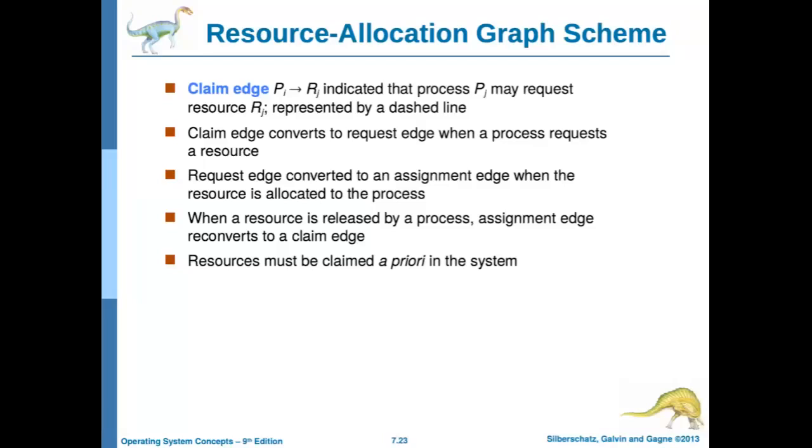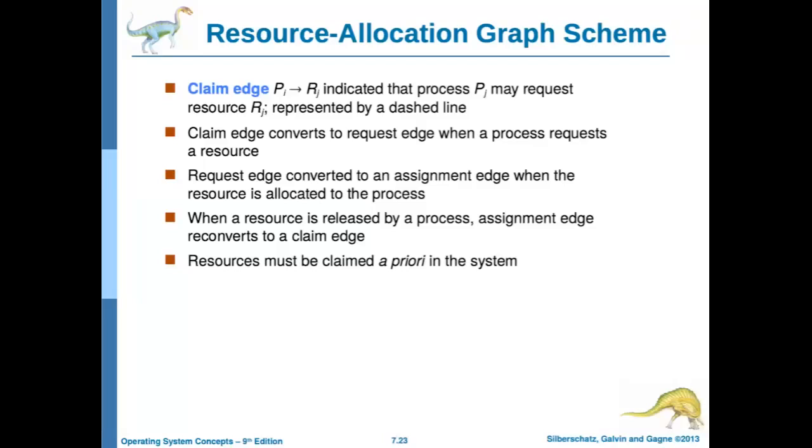If it doesn't result in deadlock, the claim edge will be converted to a request edge. Fine. Next, a request edge is converted to an assignment edge when the resource is allocated to the process. So whenever any process makes a request for a resource type, and if that resource is available, then this request edge will be converted to the assignment edge. So now three types of edges, as I mentioned: claim, request, and assignment. Claim edge is represented by a dashed line, request edge is a solid line from process to resource, and assignment edge is again solid.